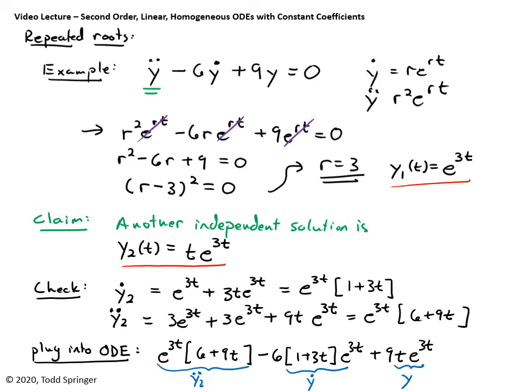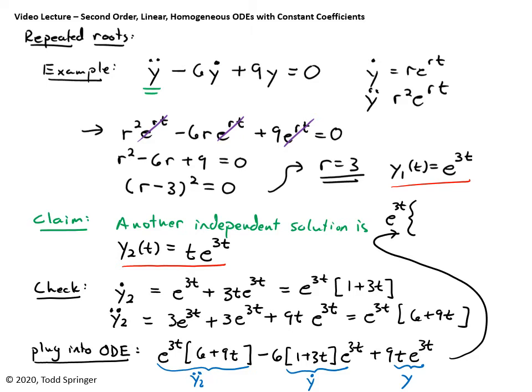Okay, let's check. What is that equal to? There's an e to the 3t in every term, so let me pull that out. Then there's terms proportional to t and terms that are constant.